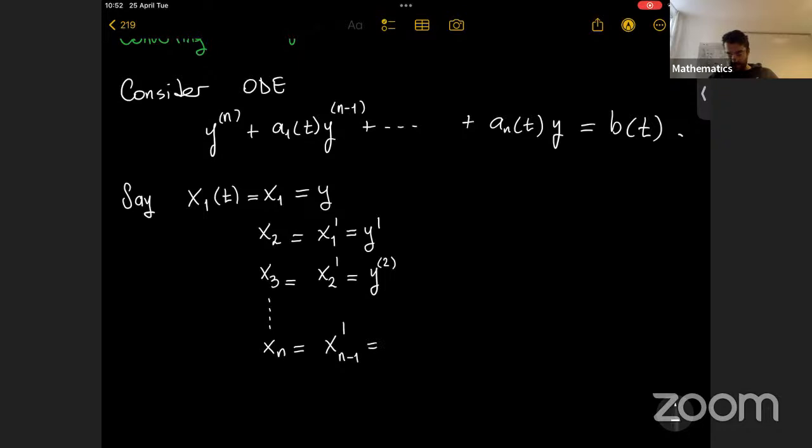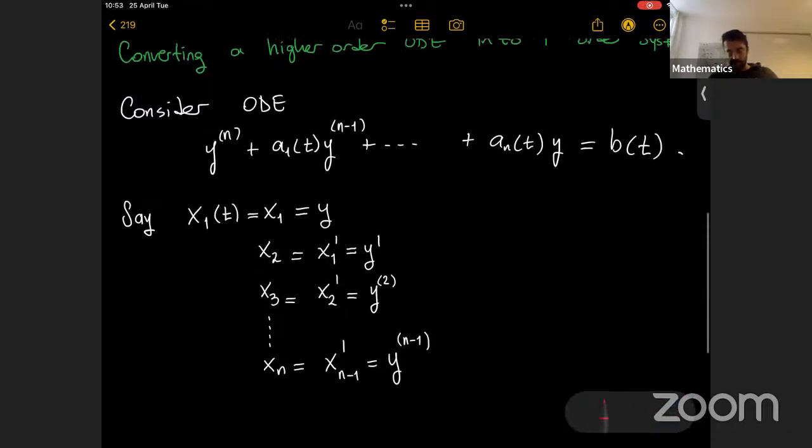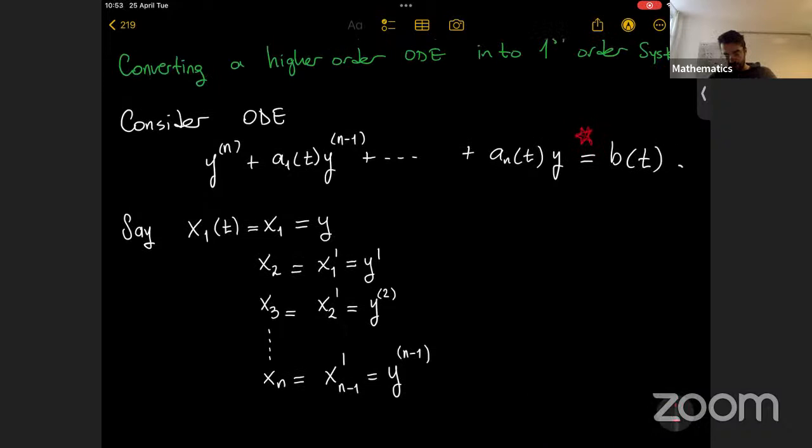And this is the n minus first derivative of y. So we introduce n functions, x1, x2, x3, up to xn, and we will write a system for this ODE.